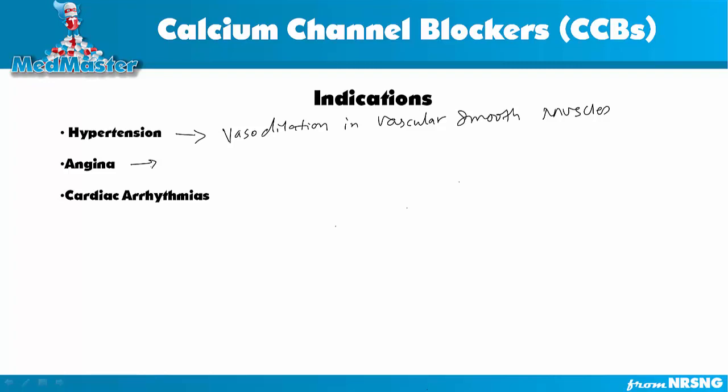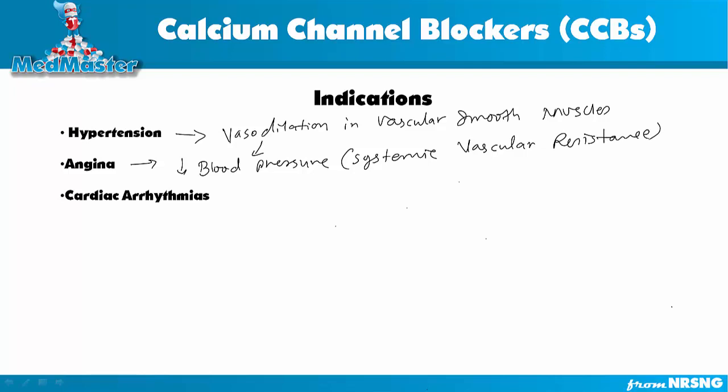What is the main purpose for which we use these medications for angina? It decreases the blood pressure. Absolutely, it causes vasodilation, so it decreases blood pressure, which is systemic vascular resistance.